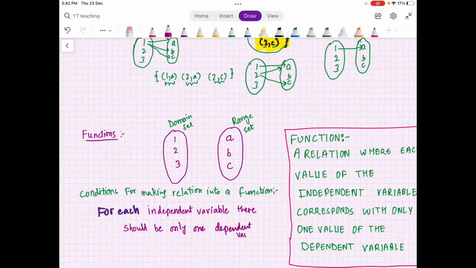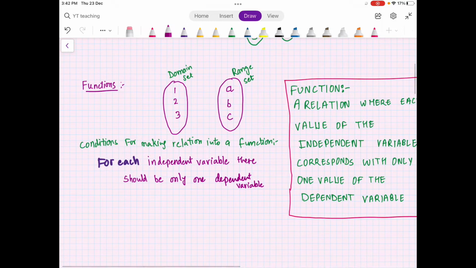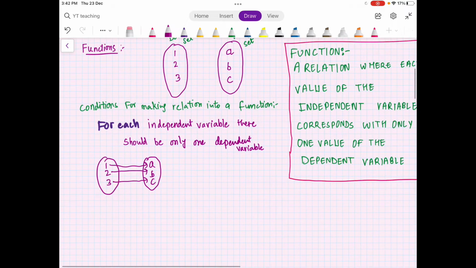For example, if I take 1, 2, 3 and A, B, C, and 1 is related to A, 2 is related to B, 3 is related to C, then for each independent variable I have only one dependent variable.